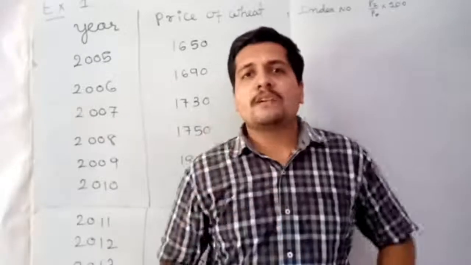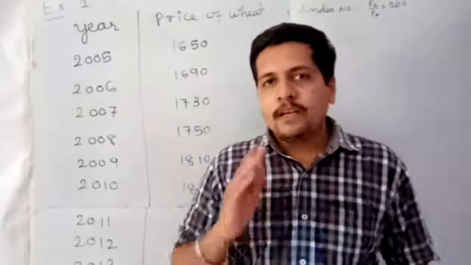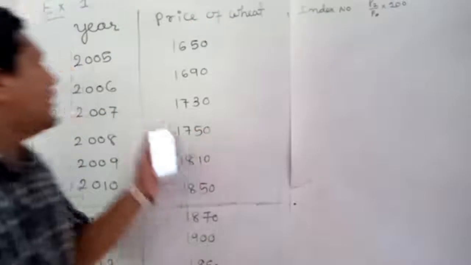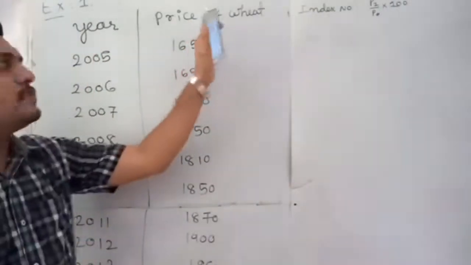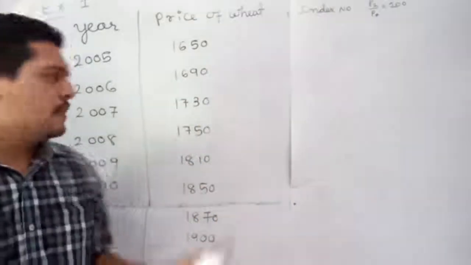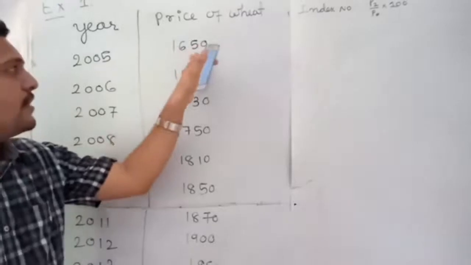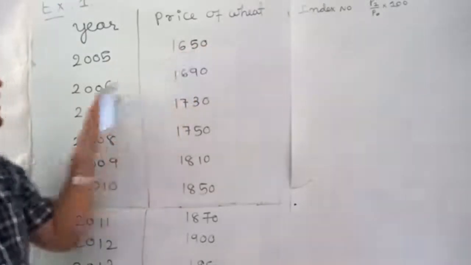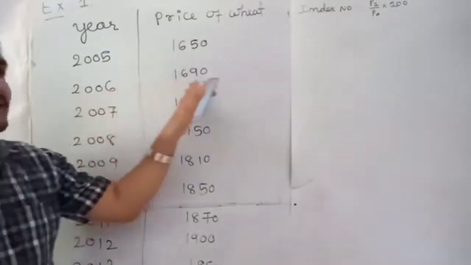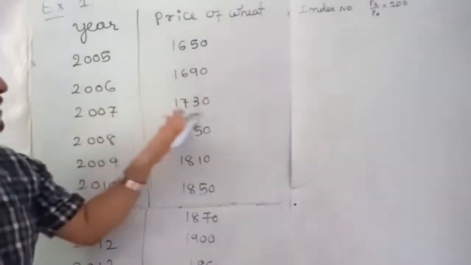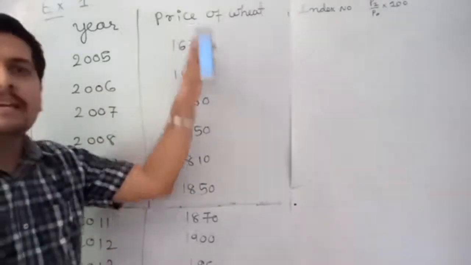So let me start our first example. In the first example we have the years 2005 to 2013 and the price of wheat per quintal per year. In 2005 the price is 1650, 2006 is 1690, 2007 is 1730. The price of wheat is comparatively increasing.